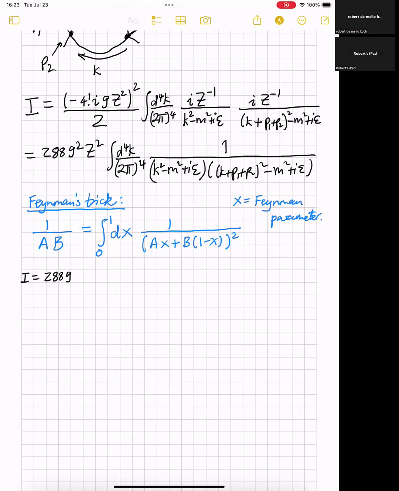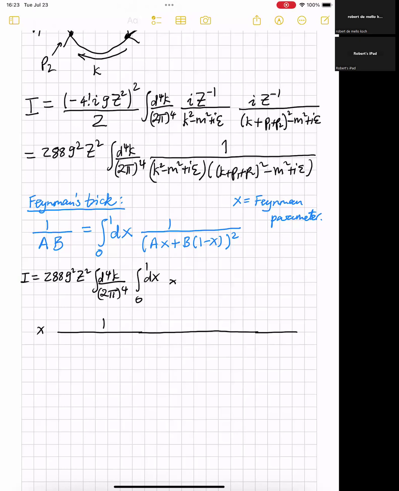288 g squared z squared. We will have an integral d4k over (2 pi) to the 4. Then we'll have an integral dx from 0 to 1. And then we need to multiply by 1 over a x plus b times 1 minus x. Now, what is a and what is b? Doesn't matter, choose as you like.